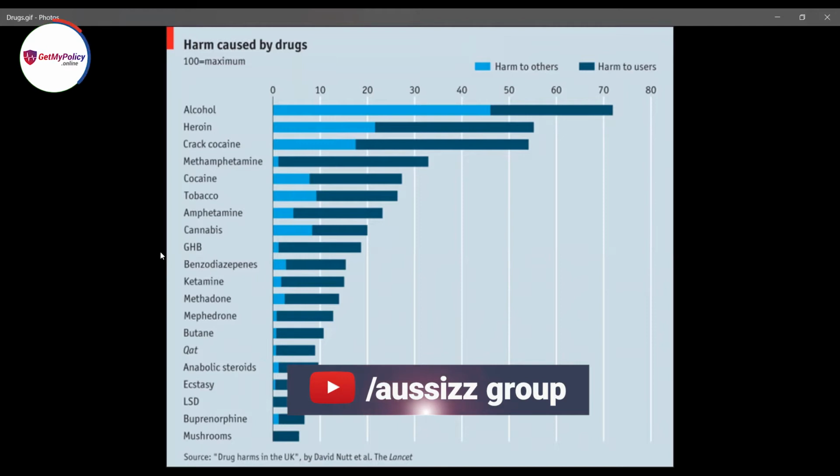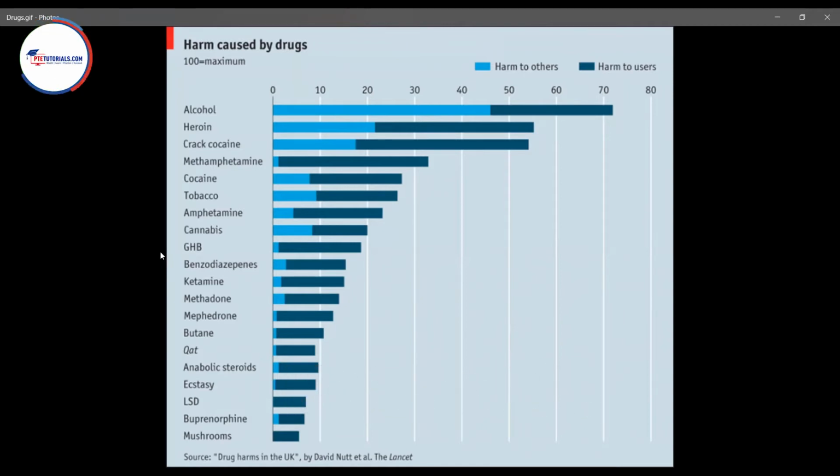Source: Drug Harms in the UK by David Nutt et al., The Lancet. I may or may not speak that. I may not prefer to speak it because the information given here is enough. A lot to speak, a lot of labels and bars and whatnot. So how do I do this?